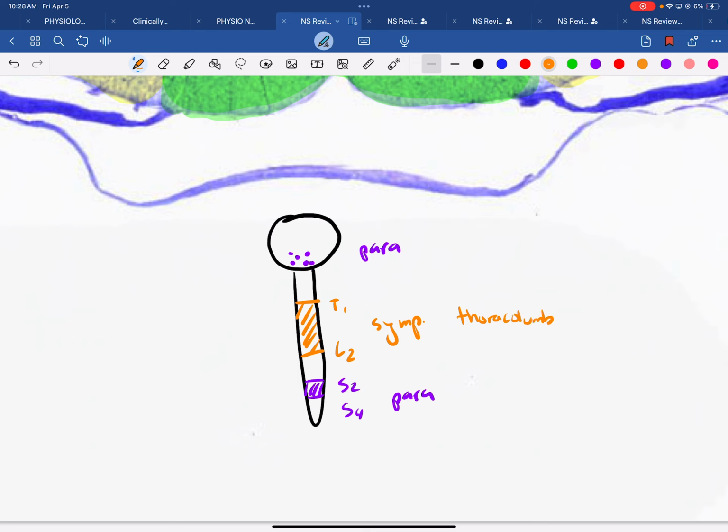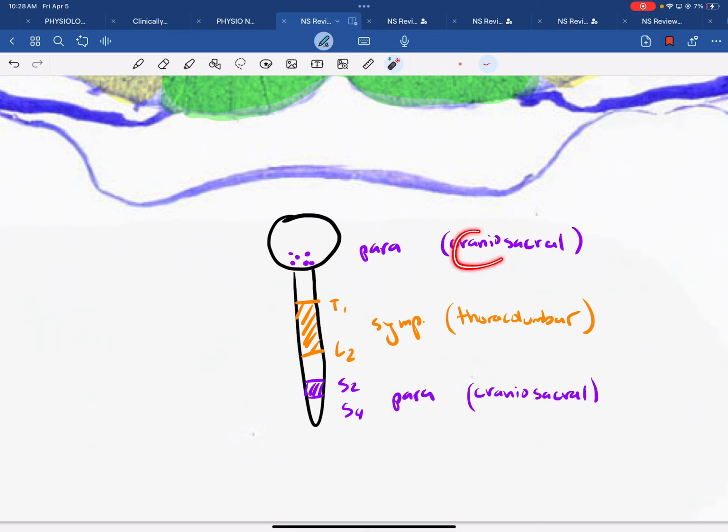The sympathetic nervous system is also called the thoracolumbar division of the autonomic nervous system, and the parasympathetic is also called the craniosacral. Craniosacral, because sacral is for S2 through S4 spinal cord segments, and cranial is for the brain, which is in the cranial cavity, right?